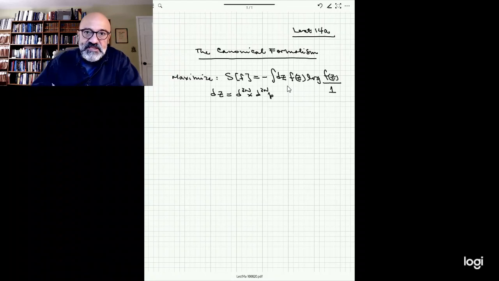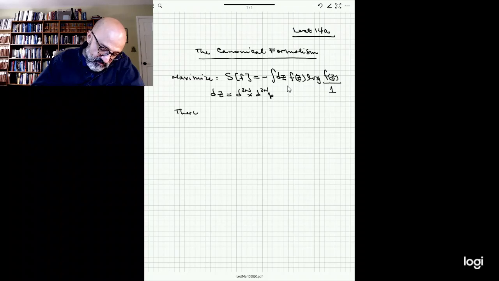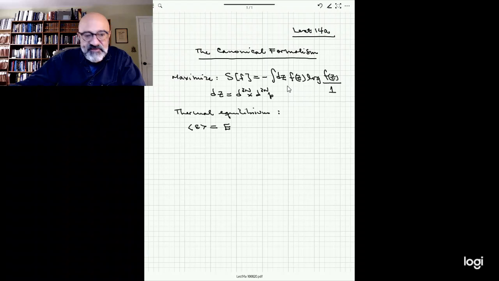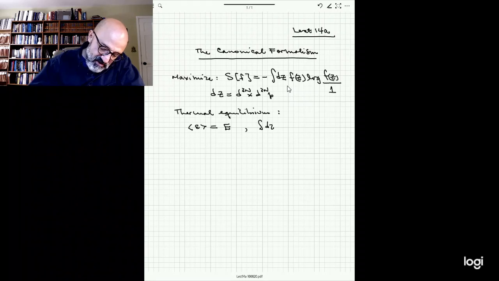The situation we want to tackle is that of thermal equilibrium. And so the constraints that apply here are that the expected value of the energy codifies the relevant information to this problem, and also that the probabilities are normalized.